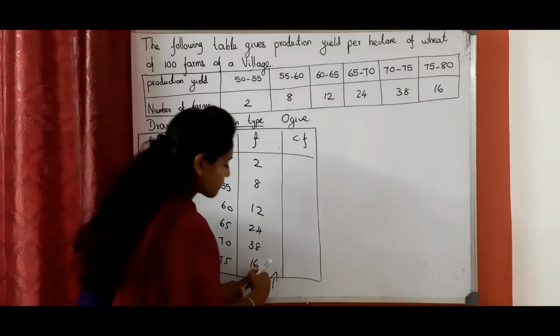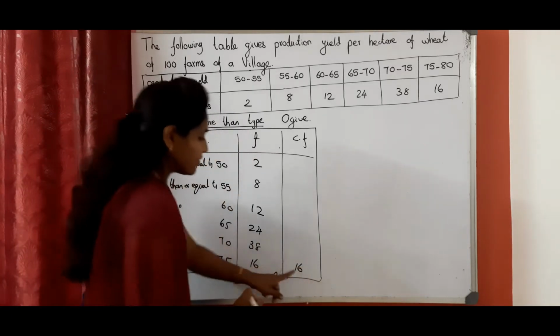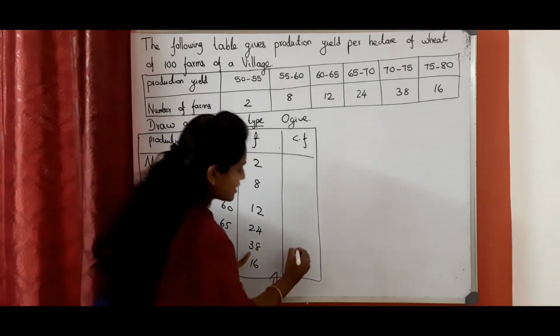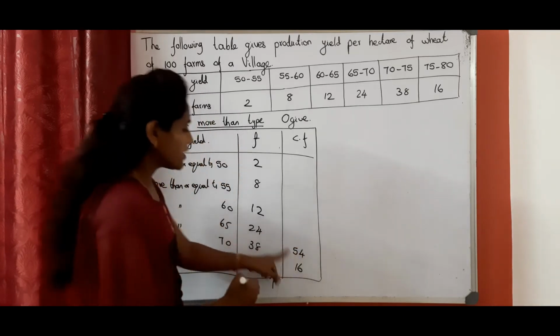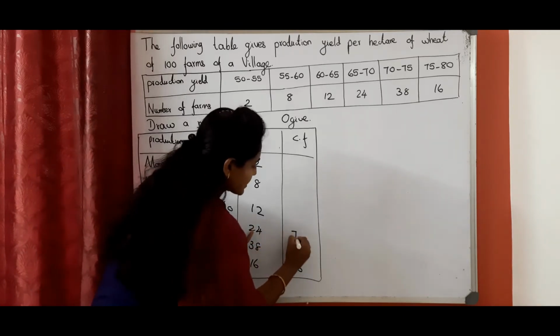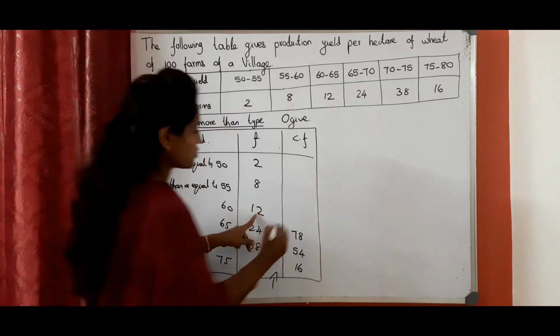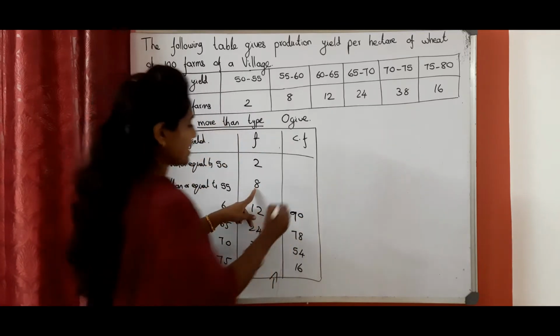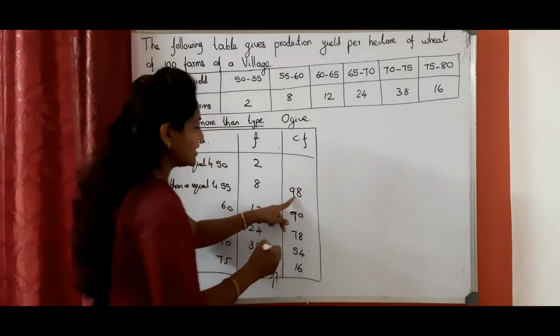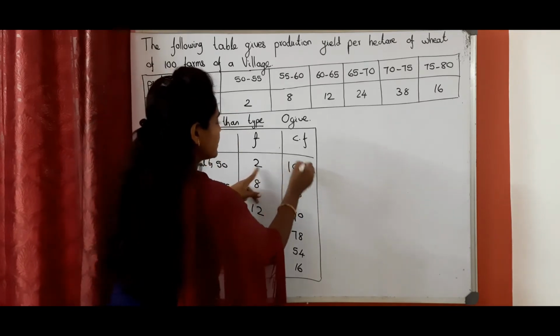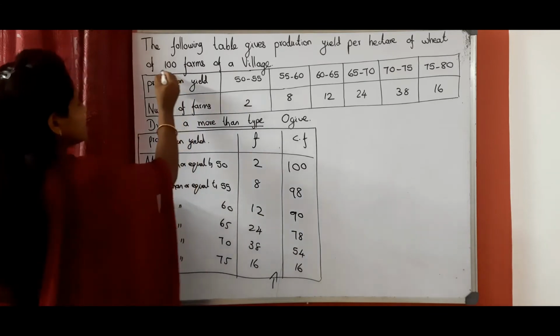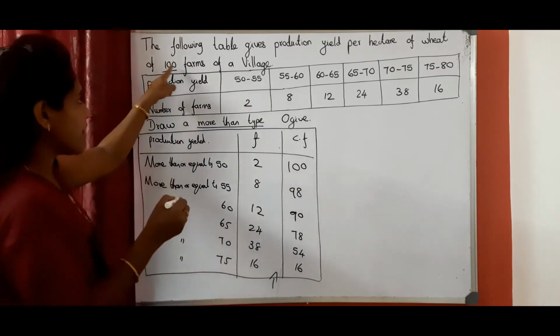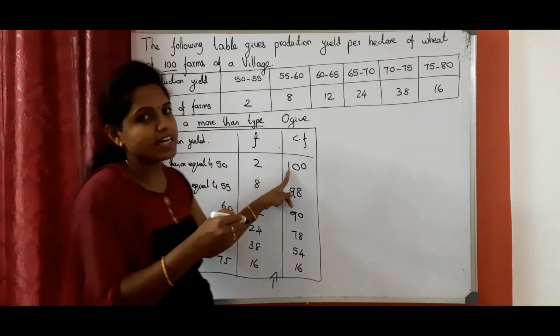So here 16 only, then 16 plus 38 is 54. 54 plus 24 is 78. 78 plus 12 is 90. 90 plus 8 is 98. 98 plus 2 is 100. Finally we get the total, and the value given in the question is 100, right? So here also we got 100.